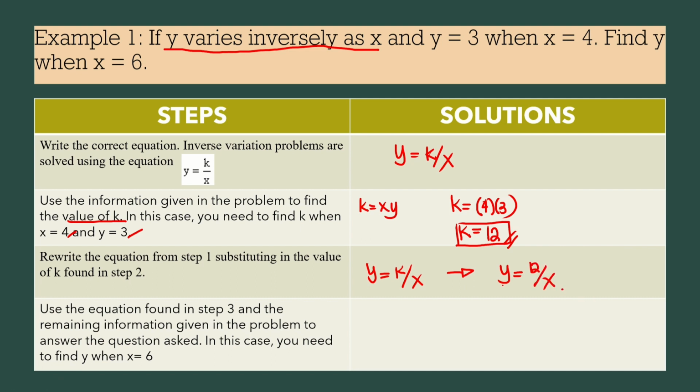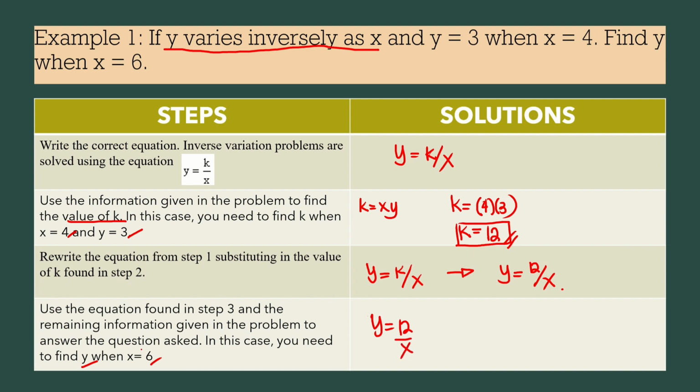Okay, for our last step, use the remaining information and the equation from step 3 to answer the question asked. In this case, we're going to find the value of y when x is equal to 6. To find the value of y, we will use the equation of variation, which is y is equal to 12 all over x.